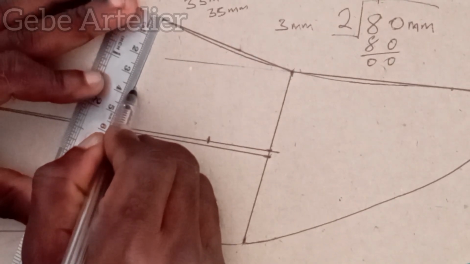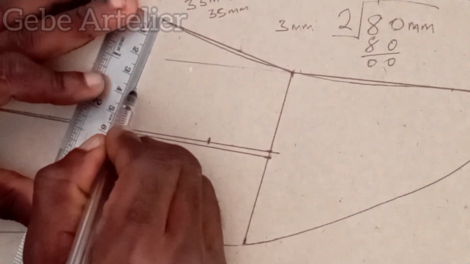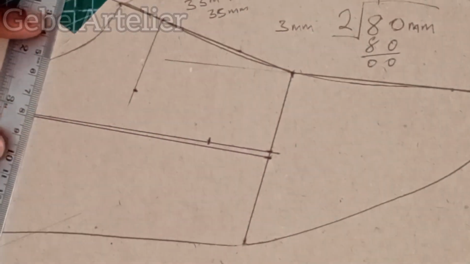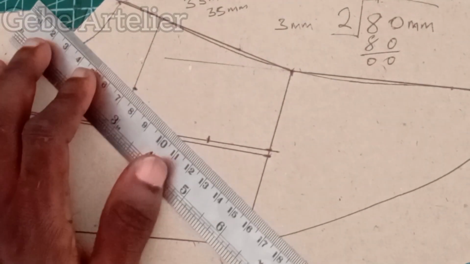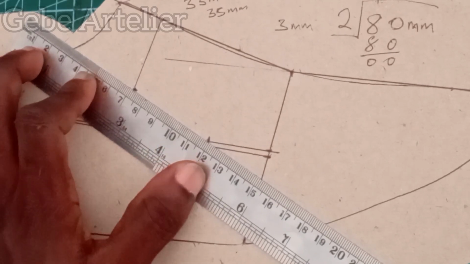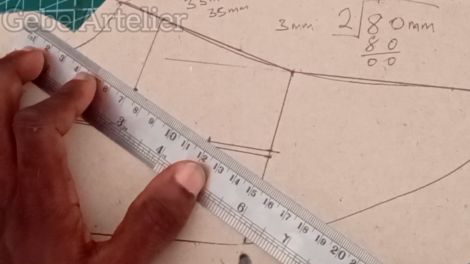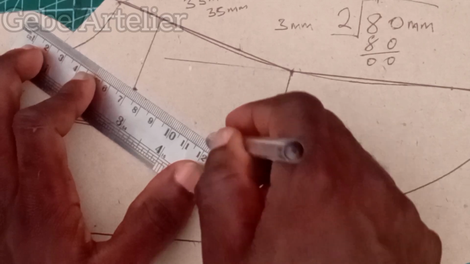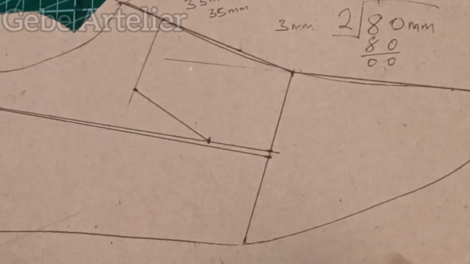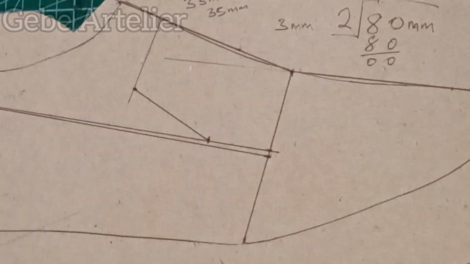You can see 35 millimeter. Let's mark. Good. Now connect it from where your 1/4 inch is. You discover that we are creating the shape of a casual shoe, a simple loafer for the feet. You can see the shape is coming out.